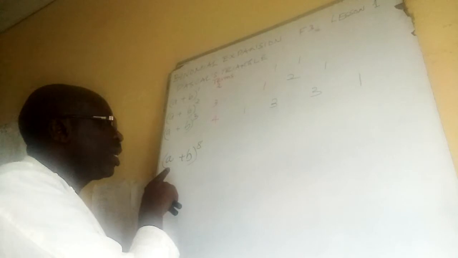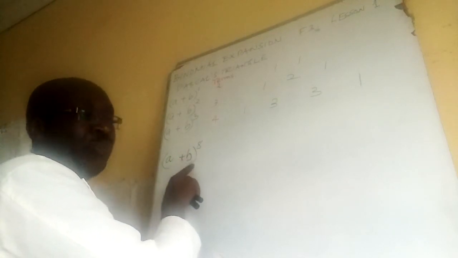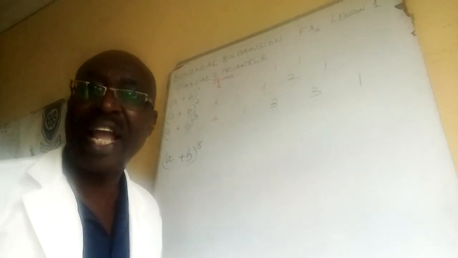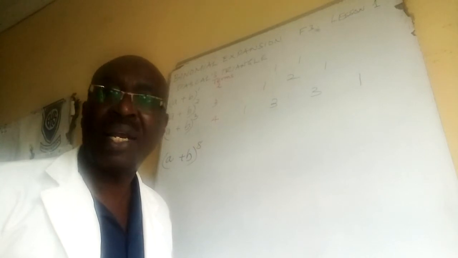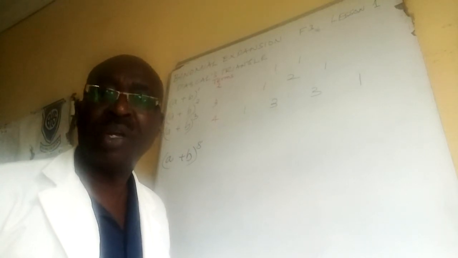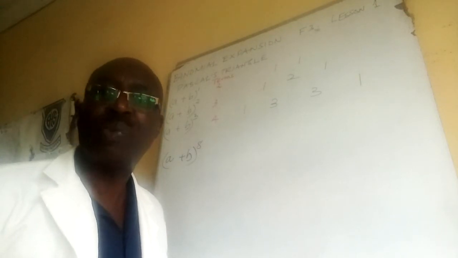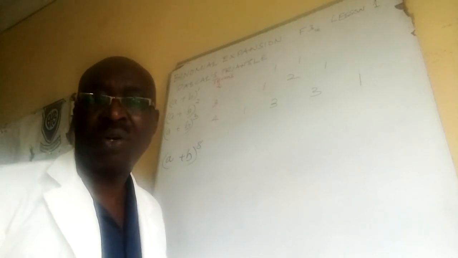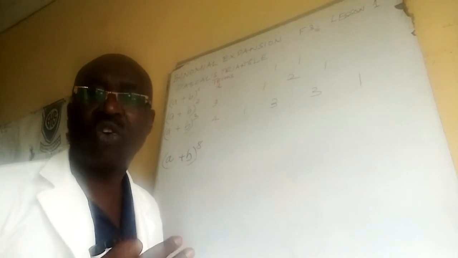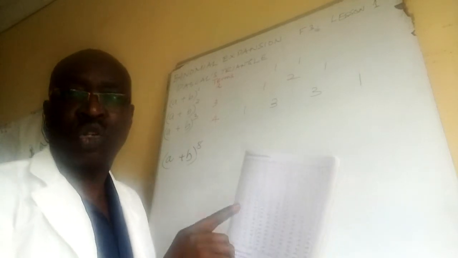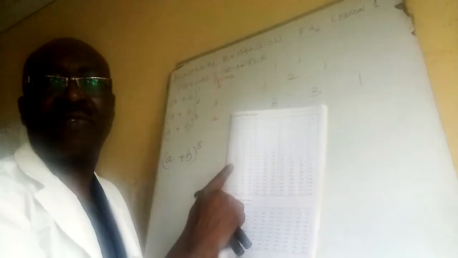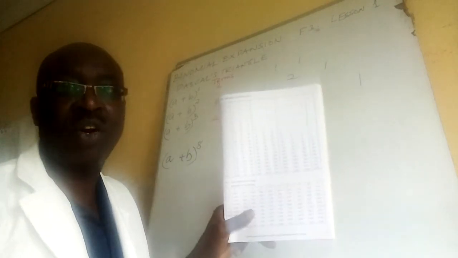So when I'm given A plus B in bracket to power 8 to expand up to maybe B to power 3, or to expand 4 terms or 5 terms or 3 terms, you can easily get the coefficients in the table. They are already done here.